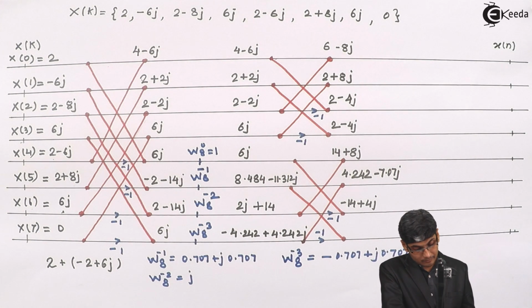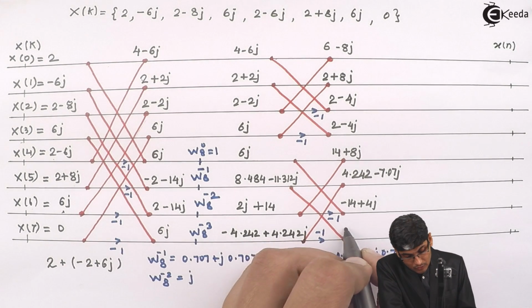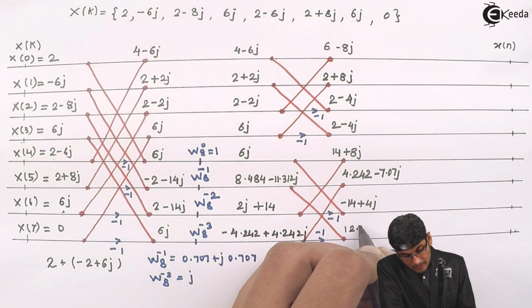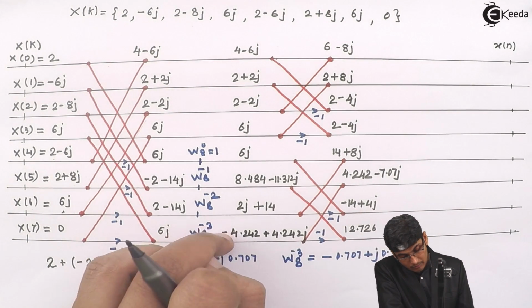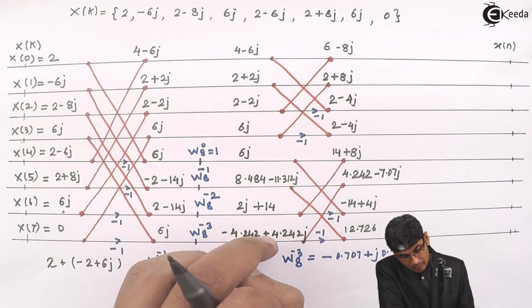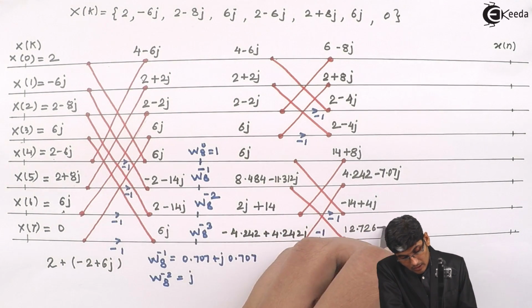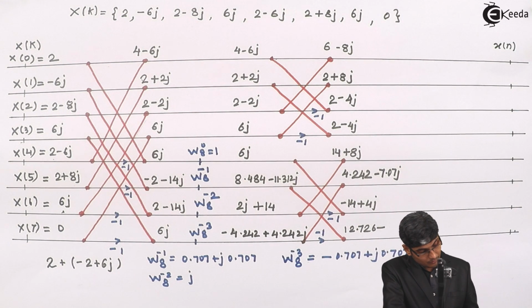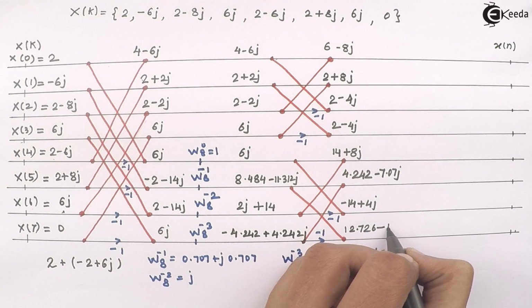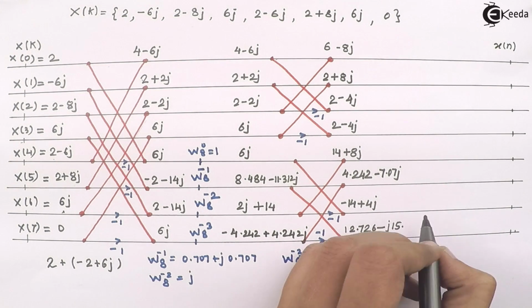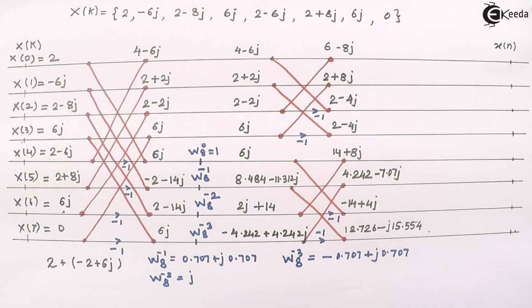So I am going to get 8.484 plus 4.242, that will give me 12.726, and then I am going to add, so this will be minus and this minus will get plus, but here it will be minus, so minus and minus will give me minus 11.312 plus 4.242, so that gives me minus j 15.554.